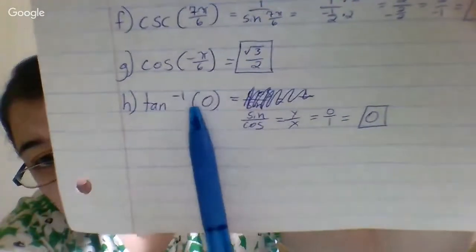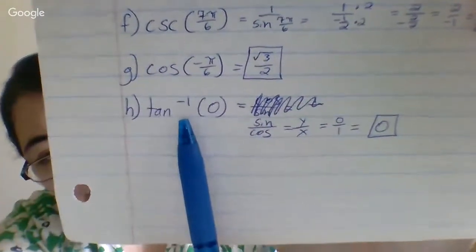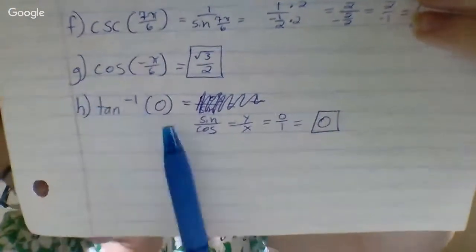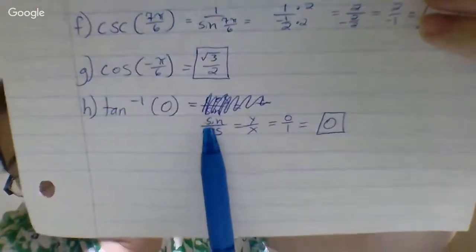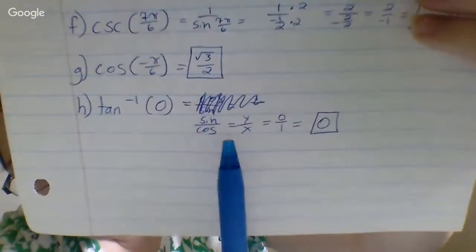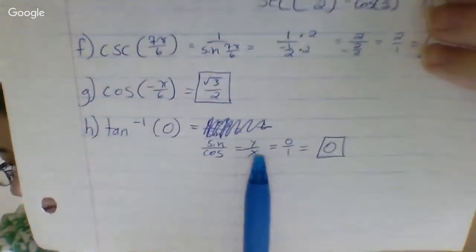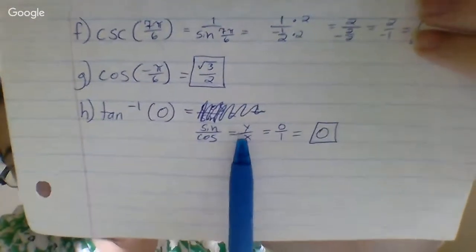So for letter H, the tangent inverse of 0. Tangent is sine over cosine, which we have the y value and the x value for this one.